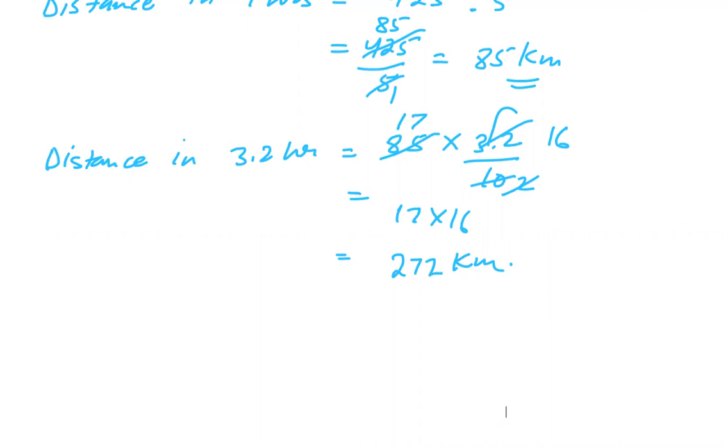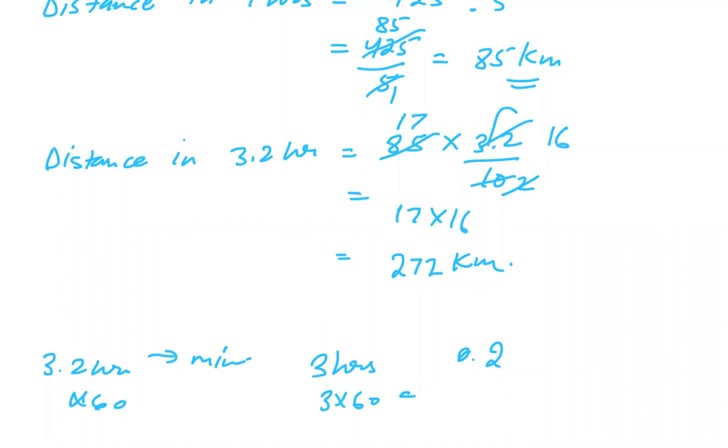Arpan, okay, Jatin is saying 3.2 hours means 3 hours 20 minutes. No, beta, it doesn't mean 3 hours 20 minutes. If you want to change 3.2 hours into minutes, just multiply it with 60. 3 hours means 3 into 60, and 0.2 into 60 is 12.